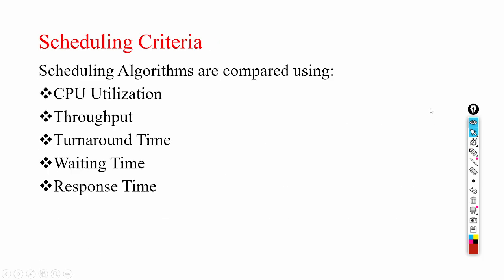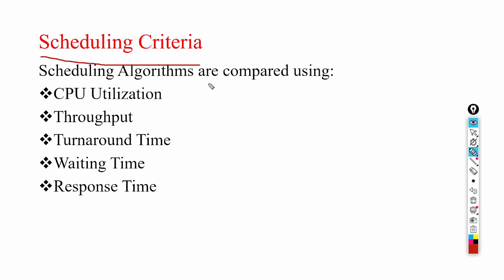Scheduling criteria. Different scheduling algorithms produce different results. Therefore, we need some parameters to compare them. These parameters we call scheduling criteria.